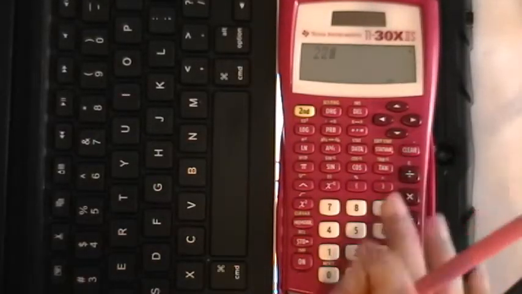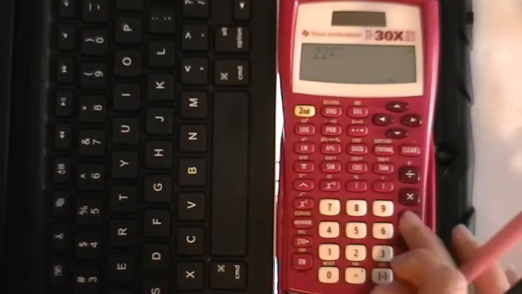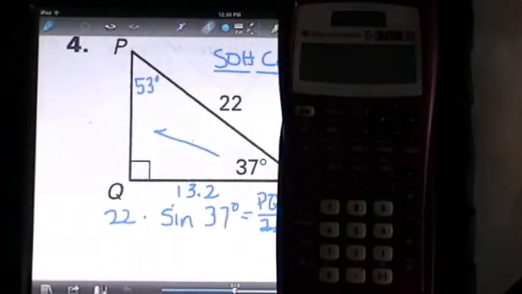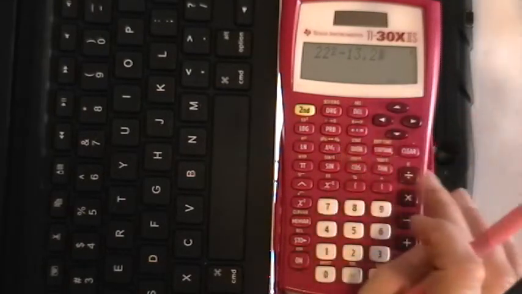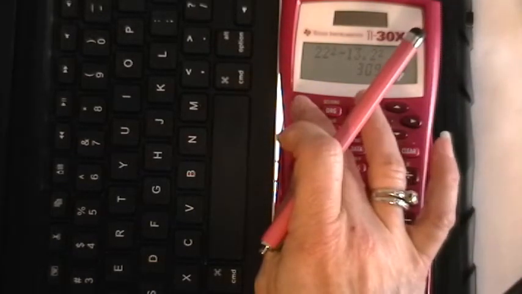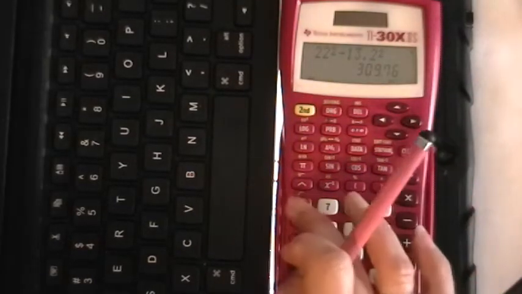So we're going to say 22 squared minus 13.2 squared equals 309.76, and then we're going to do the second function to take the square root of that answer. We press equals and we get 17.6.